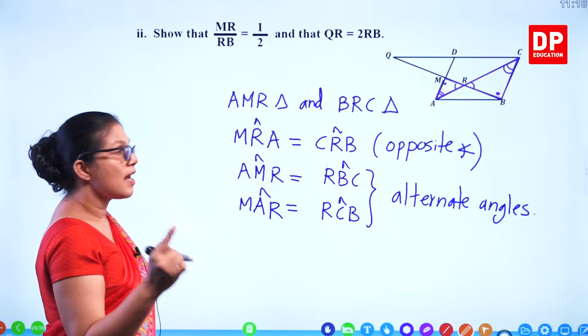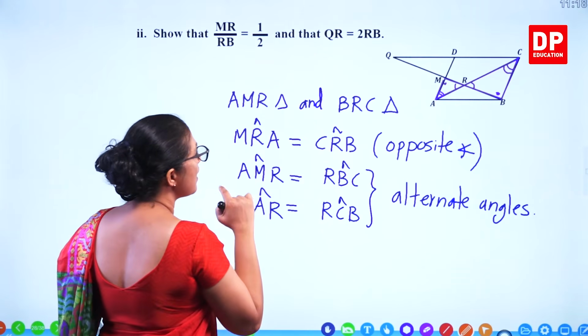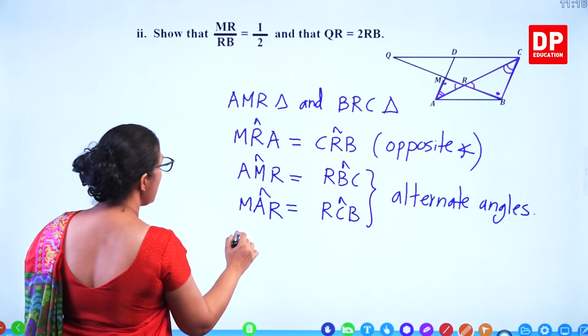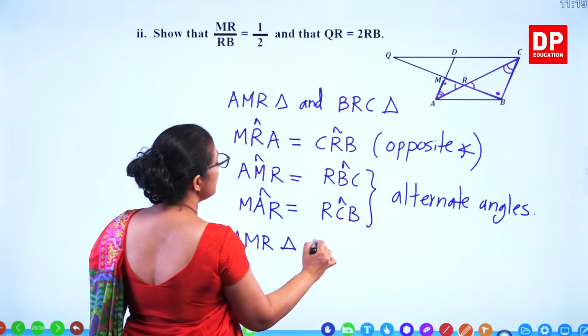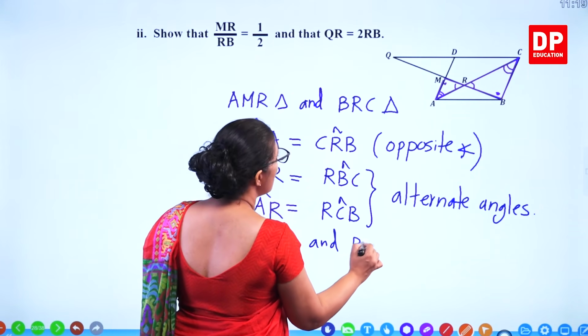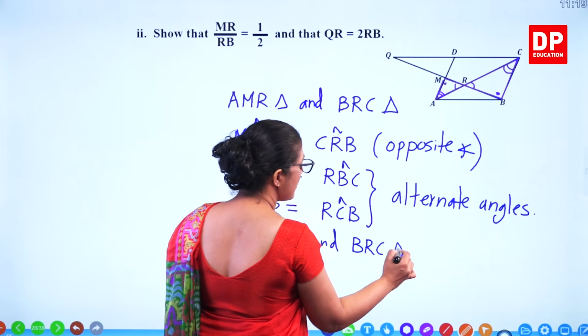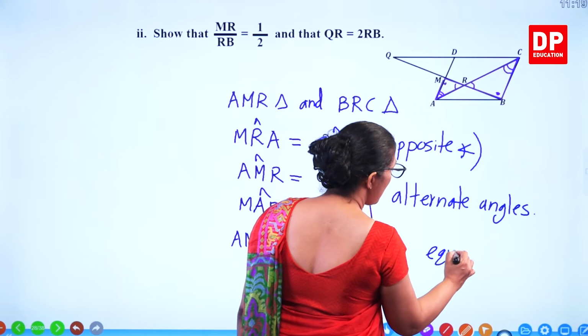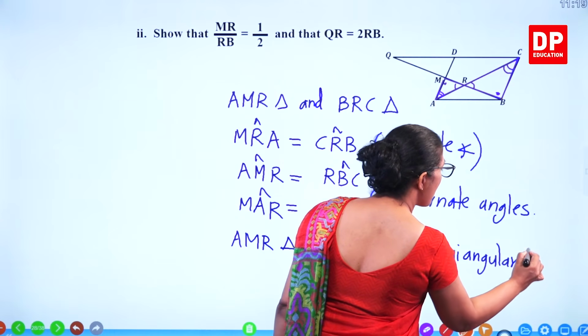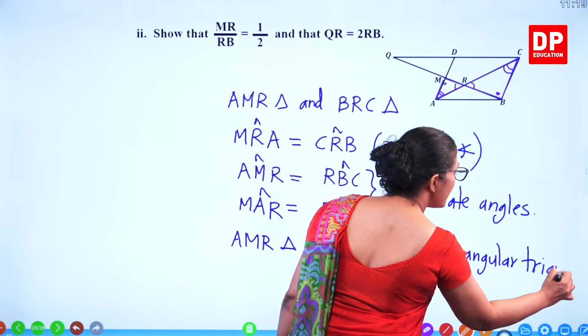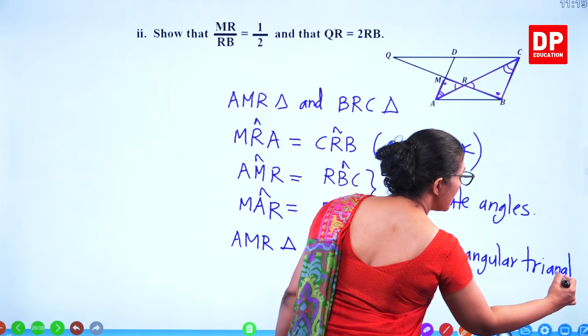So angles are equal, corresponding angles are equal. So you can say AMR triangle and BRC triangles are equiangular triangles. Then those are similar.